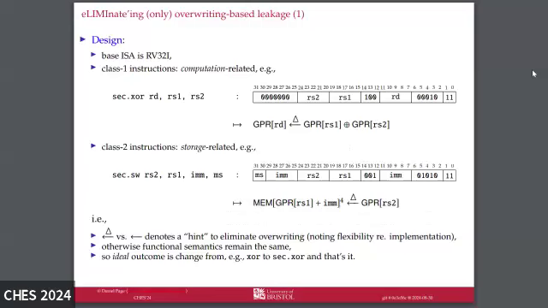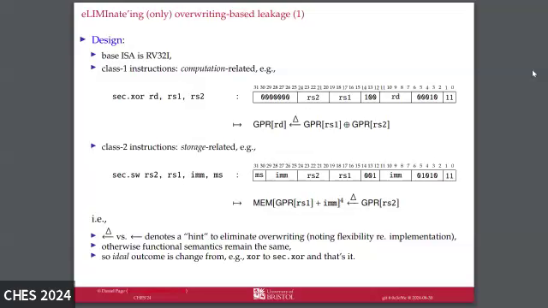So what we do is provide two classes of extra instructions, one of which is computationally related and one of which is storage related, so basically loads and stores. Both of these sets essentially have the same semantics as the existing insecure, vanilla versions, except for the fact that we have this extra hint that is communicated as a result of using these variants.